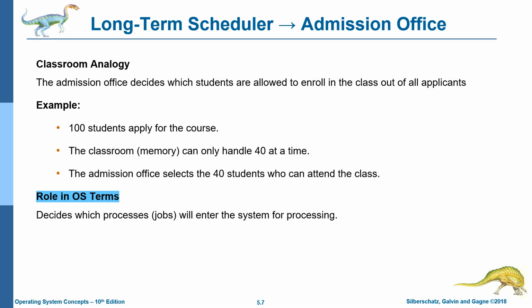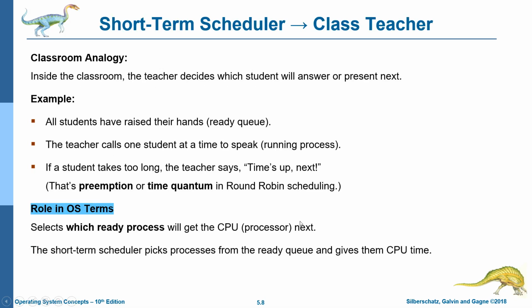Likewise, if we have 100 processes, the scheduler will pick the set of processes that can be executed and send them to the ready queue. Afterwards the CPU can be allocated to those processes. So the long-term scheduler decides which processes will enter the system for processing.